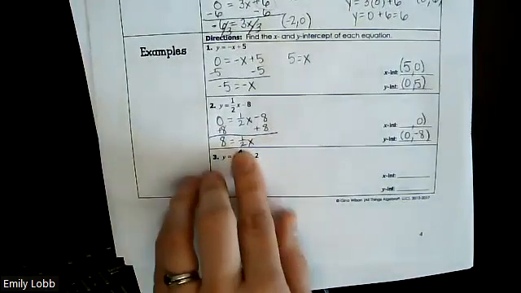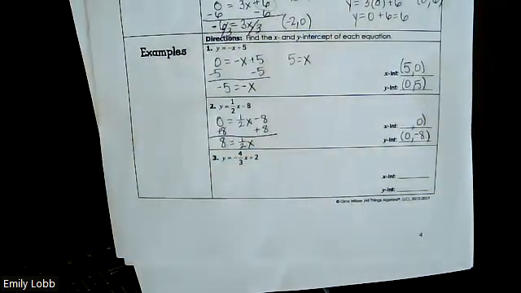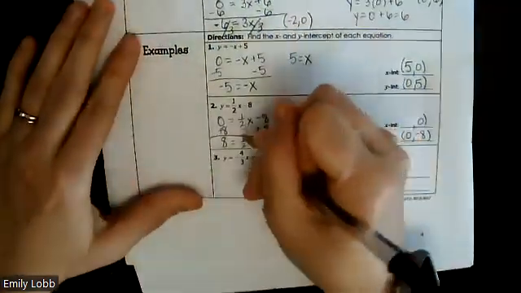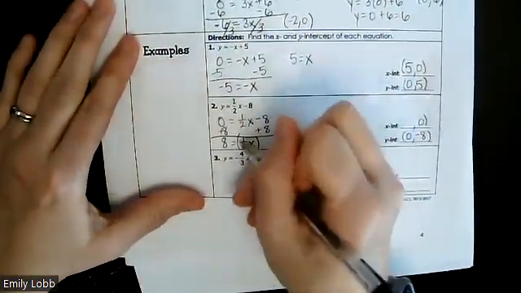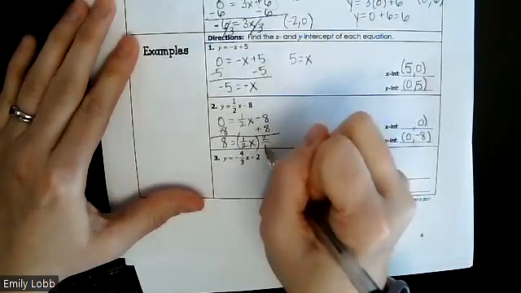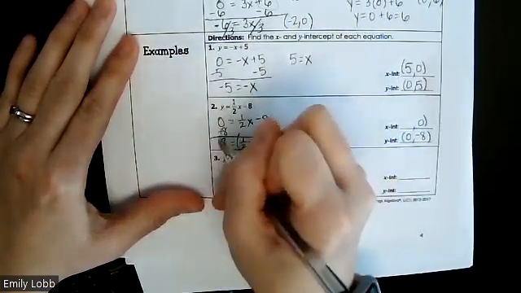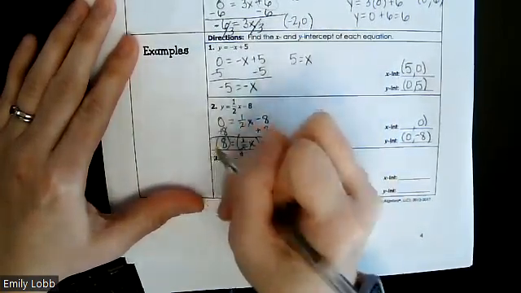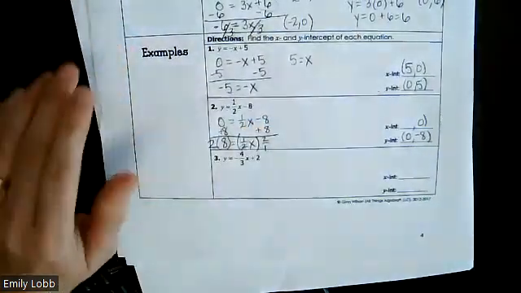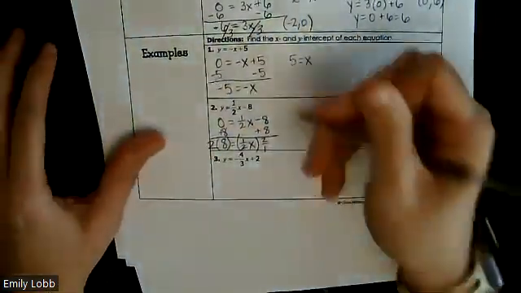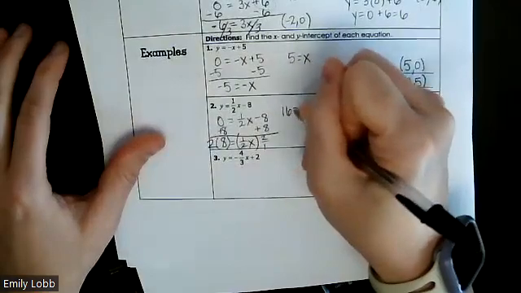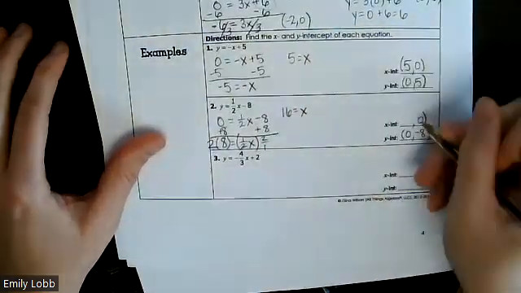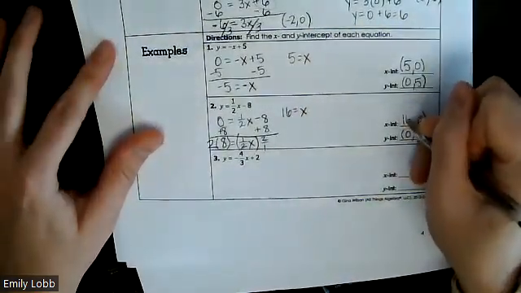So typically we would divide by the coefficient, but when it's a fraction, to divide by fractions, we multiply by the reciprocal. So if we flipped this fraction, it's 2/1. That would give us 1x. So we have to flip it on both sides. We're multiplying both sides by 2. So here, 16 is equal to x when y is 0.